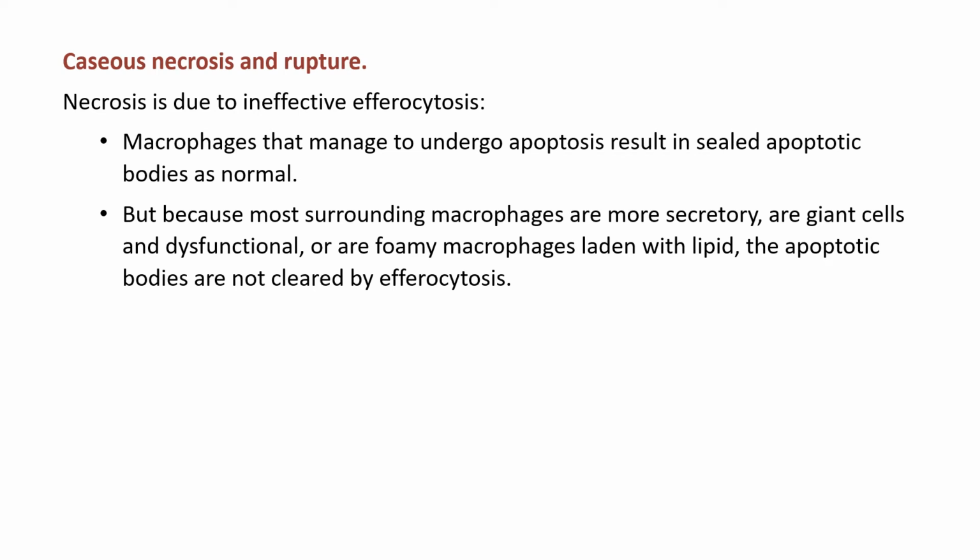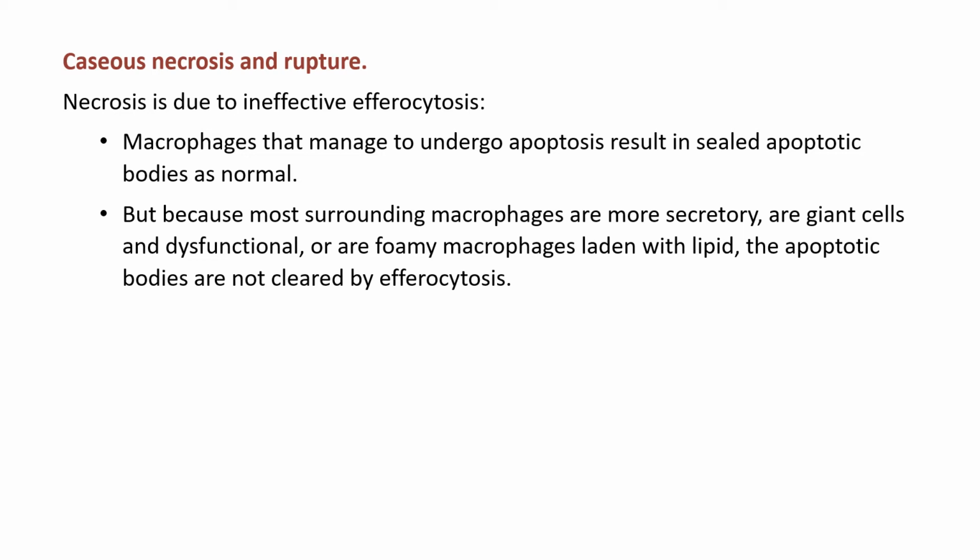Our macrophages that do manage to undergo apoptosis result in our normal nicely packaged, sealed apoptotic bodies with the live mycobacteria in the lipids and all the rest of it. But the surrounding macrophages are foamy cells full of lipid, or more secretory than phagocytic if they're epithelioid cells, or giant cells on the point of dying themselves anyway. They're not cleared by efferocytosis.